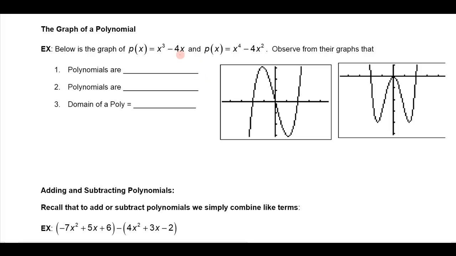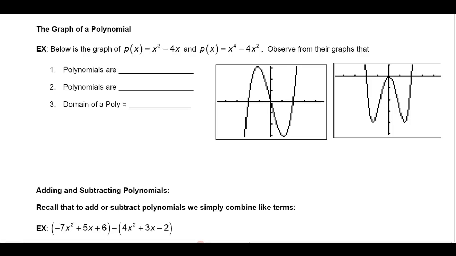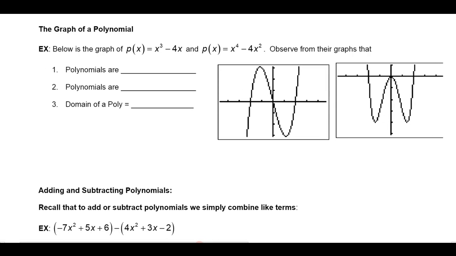Here's a couple examples of polynomials that I provided some graphs for. You can see this first one here is p of x equals x cubed minus 4x, and this is the other one that I have listed there. P of x equals x to the fourth minus 4x squared.